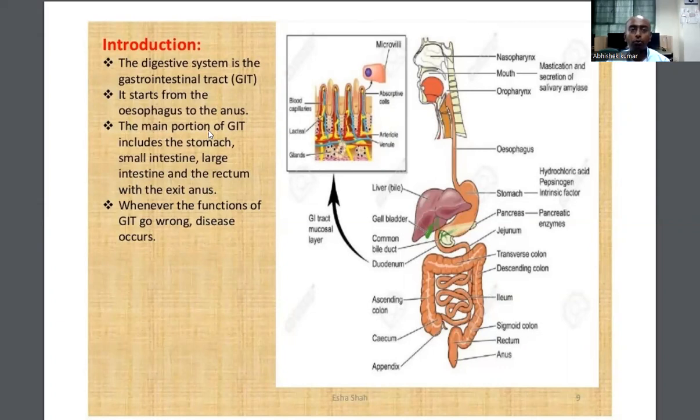The main portions of the GIT include the stomach, small intestine, large intestine and the rectum, with exit through the anus.